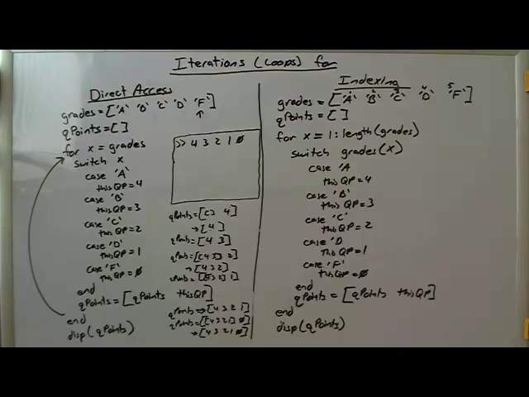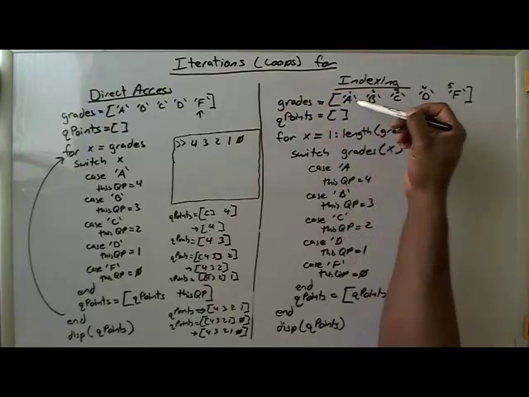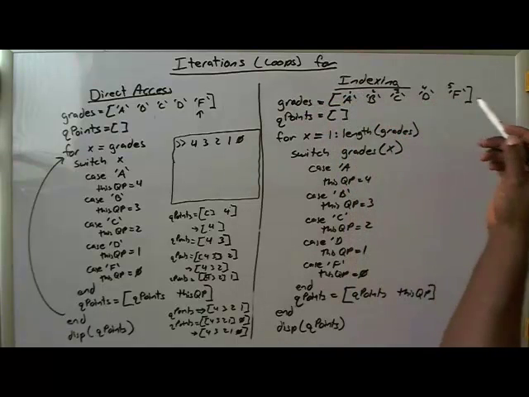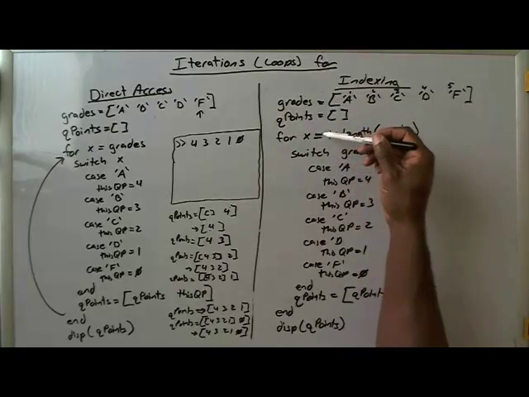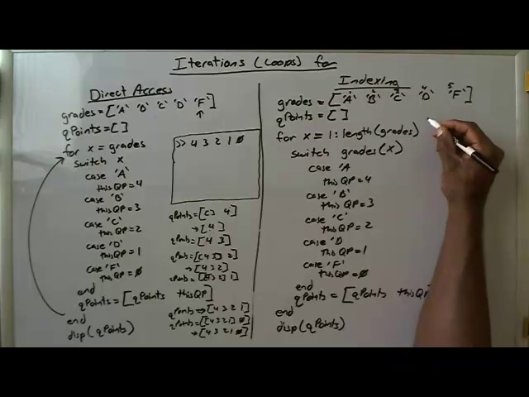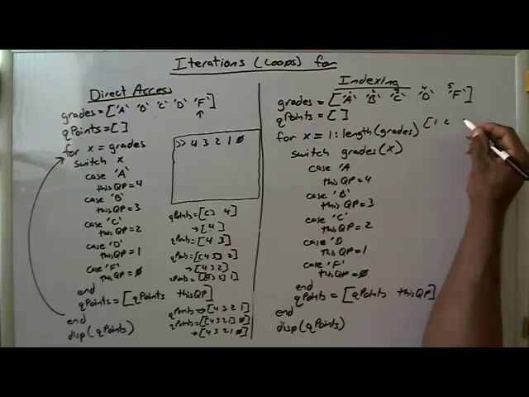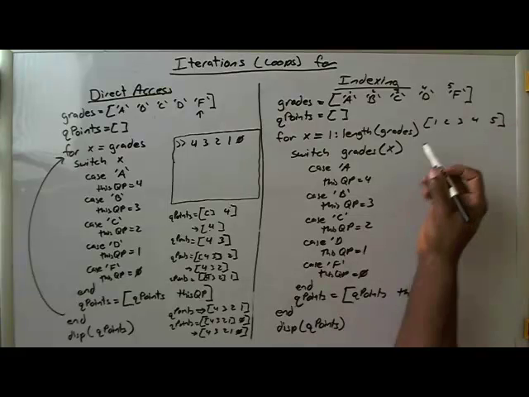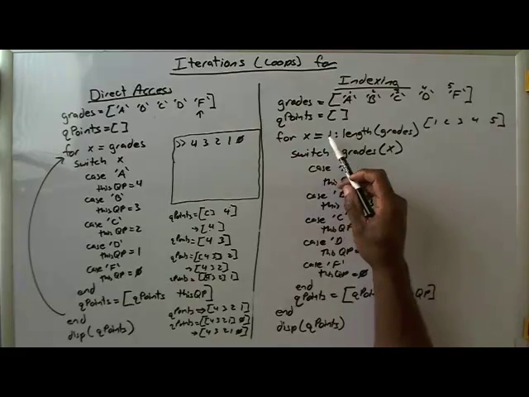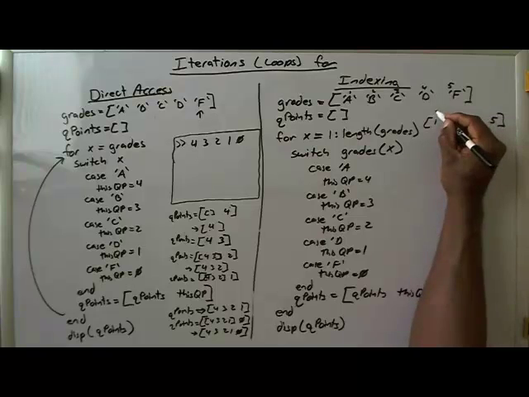So now going through this, once again, grades equals the vector A, B, C, D, F. Q points equals the empty vector. For x equals 1 to the length of grades, x is going to be the values 1, 2, 3, 4, and 5. The first time through x is going to be 1.